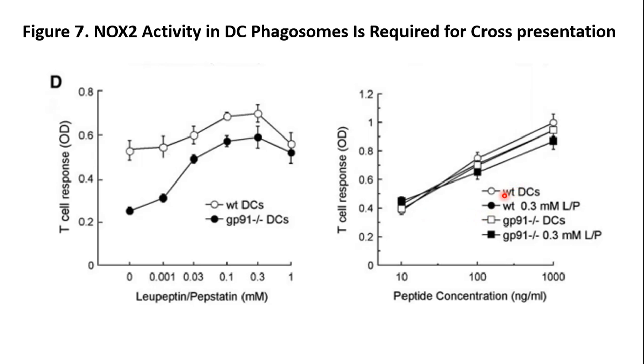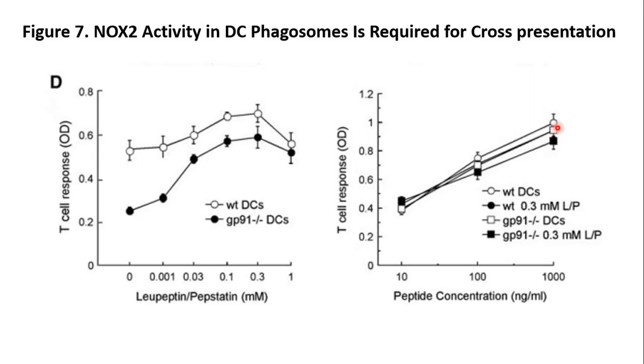So we have wild type DCs, wild type with this inhibitor, defective DCs with the inhibitor. You can see they don't have much difference from the wild type.